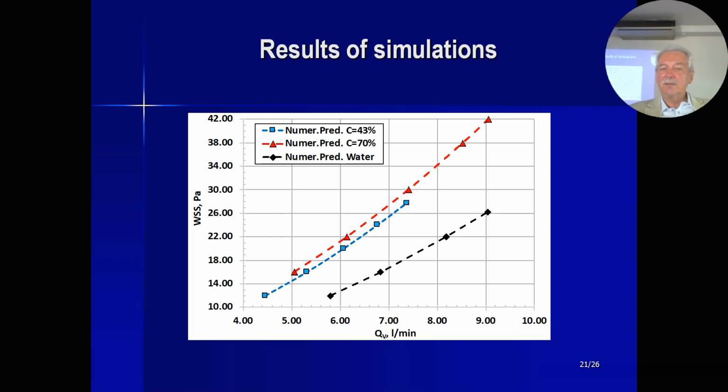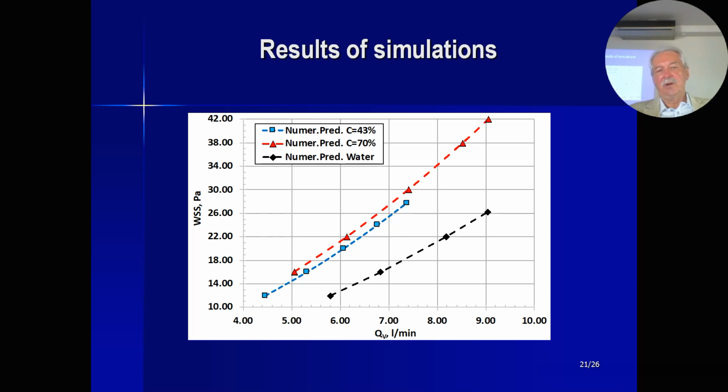And the blue lines show results of wall shear stress for concentration 43%. You see that for about 7.4 liters per minute, the Reynolds number is also 5,000. And I also presented data for water.